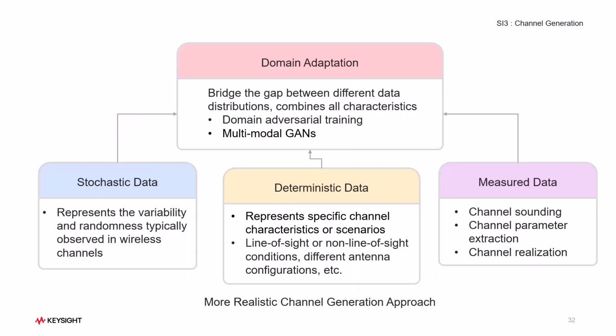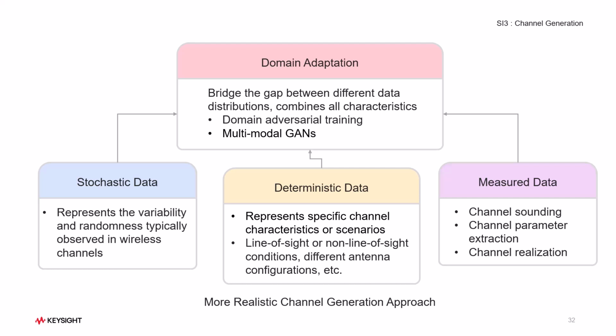I'd like to introduce a new way of creating more realistic wireless channels. Stochastic channel data represent the randomness in wireless channels. Deterministic channel data represents specific scenarios or characteristics you want to simulate, like line-of-sight or non-line-of-sight conditions. Measured data is information we get from real-world measurements of the channel in specific locations.